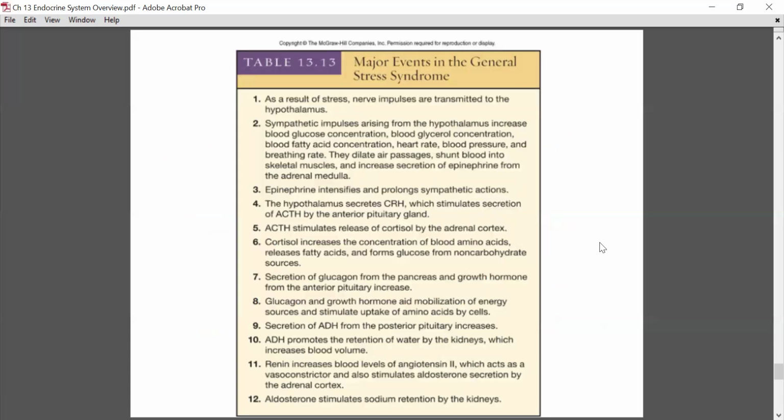Here, I'm going to let you read the major events in the general stress syndrome, but basically, this is how this happens. As a result of the stress, your nerves will send an impulse that is transmitted to the hypothalamus, and that is going to start the cascade of events that follow.